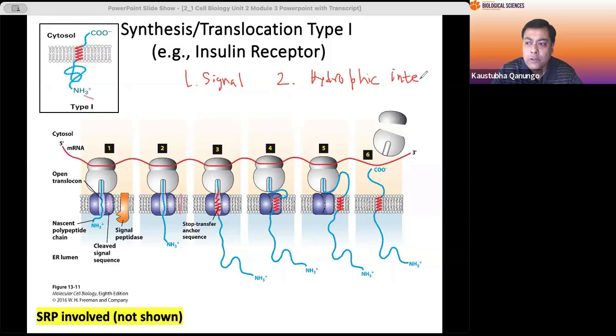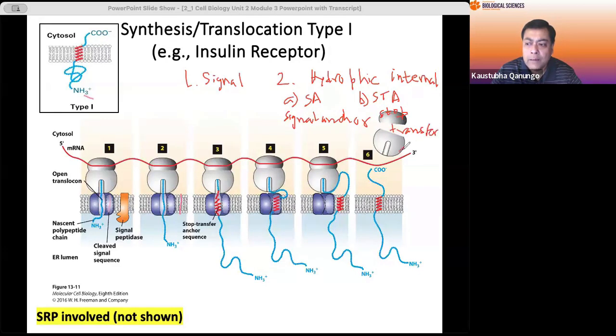And these hydrophobic internal sequences could be of two types. You can have an SA, which we call a signal anchor. And then you have a B, we call STA, which stands for stop transfer anchor.